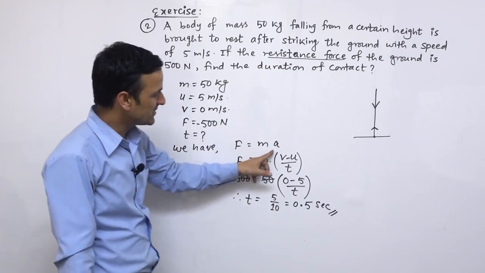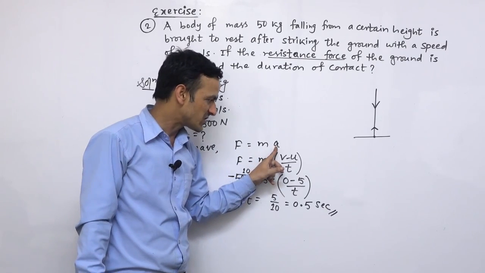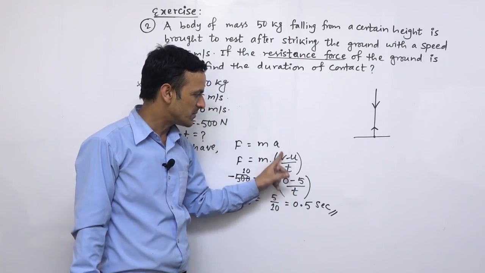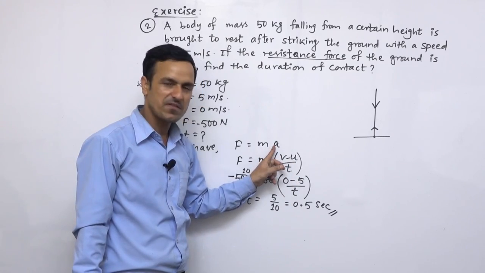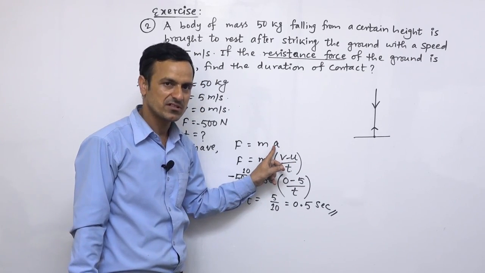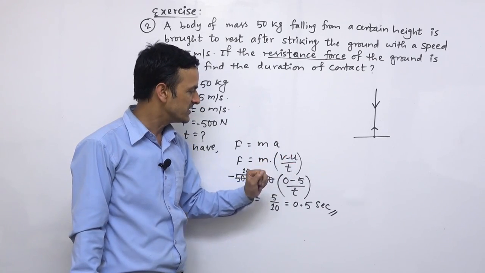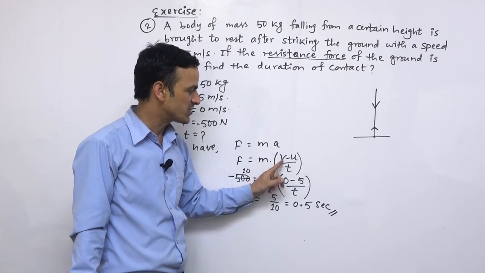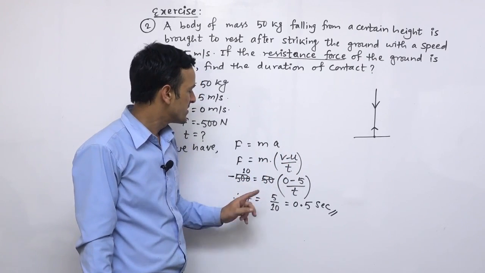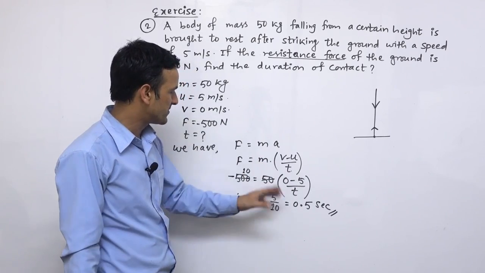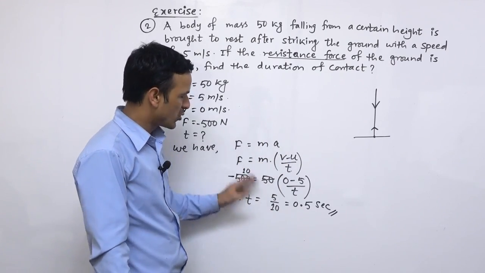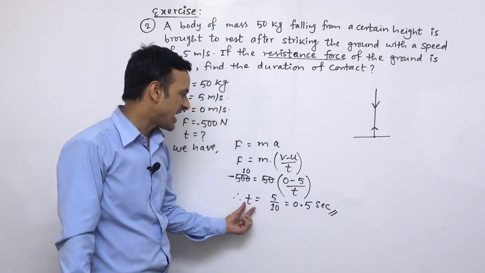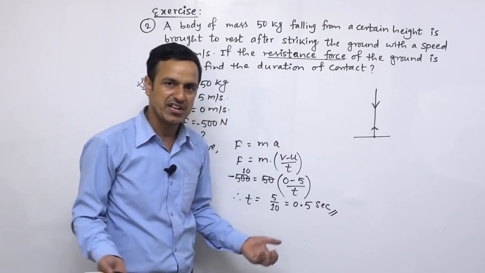And by using this formula, in the place of a we write (v minus u) by t. This is the definition of acceleration: change in velocity, rate of change of velocity, where rate means with respect to time. So if you put the values of all terms, we get time is equal to 0.5 second.